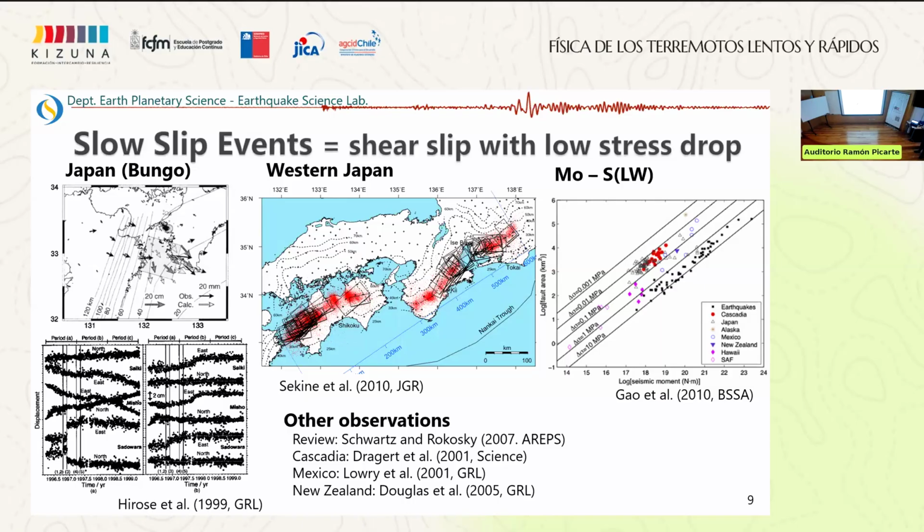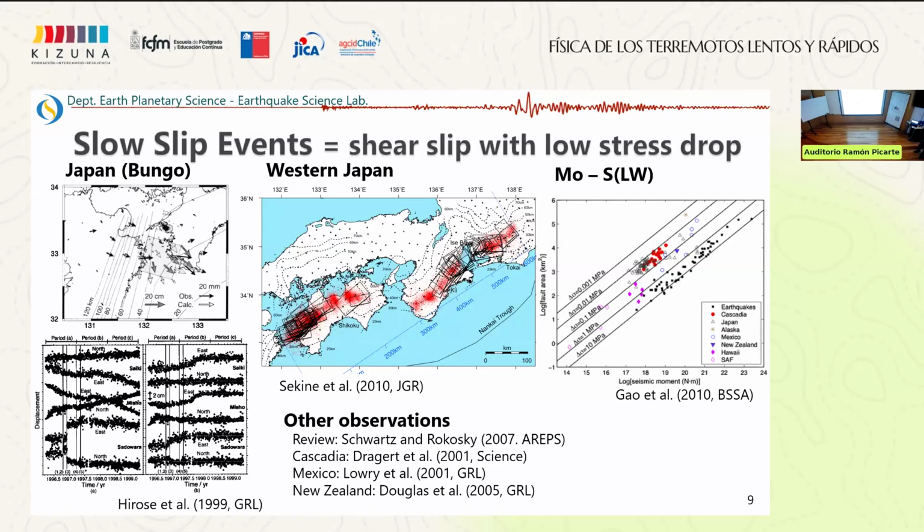And once we can determine the slip area, we can measure the size, and also how much stress is released by this slow slip event, by comparing earthquake size measured by seismic moment with fault area.